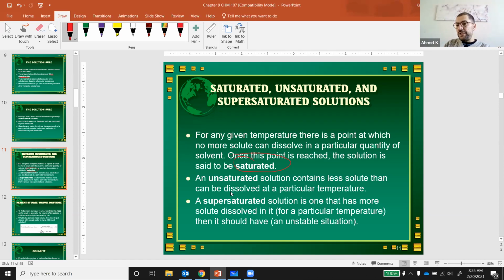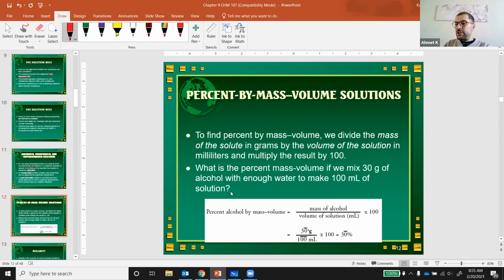And unsaturated means you can still add more into it. And so when it comes to solutions, we're going to use two different units. The first one is percent by mass volume solutions, and this is used mostly in biological applications.